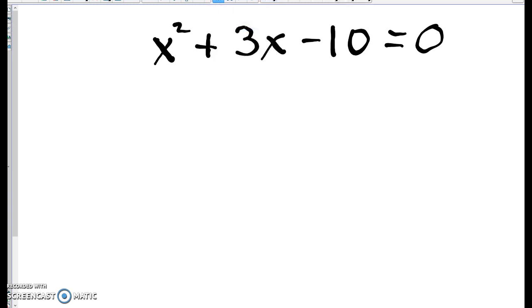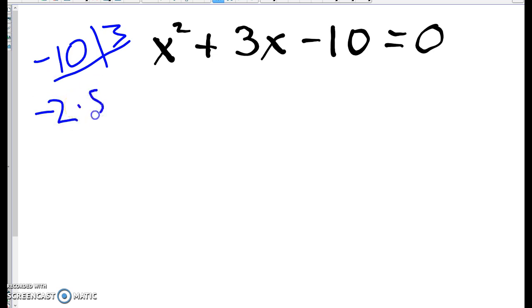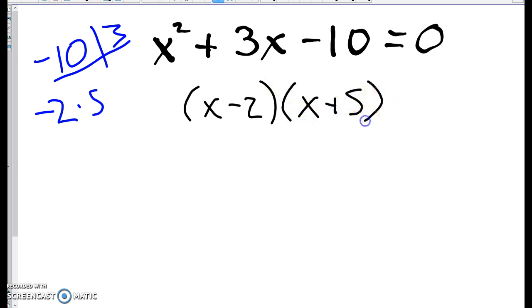So in this case, two numbers that multiply together to be -10 and add together to be 3, I come up with, let's see, -2 and 5. All right, so that gives us our two factors for this expression, x minus 2 and x plus 5.